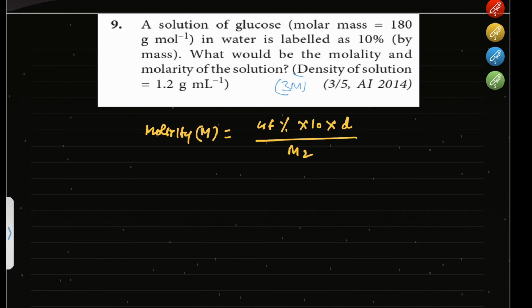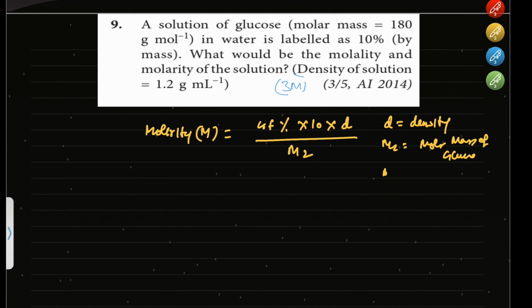Here D is the density, M2 is the molar mass of solute, molar mass of glucose, and weight percent is given 10.